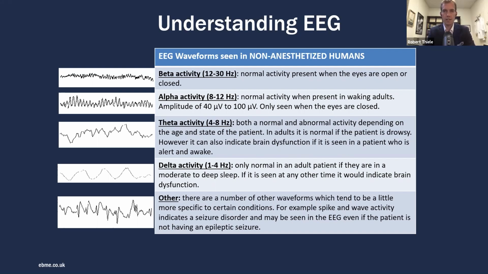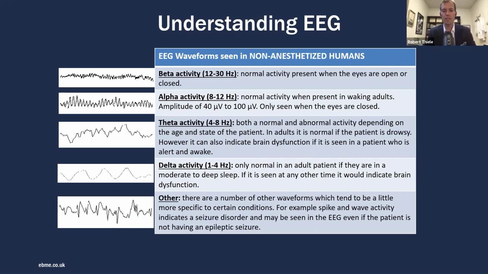These are non-anesthetized people. And so the point of this is that we're not really interested in EEG in people that aren't under anesthesia. That's not the purpose of this talk, but there's decades of literature showing that you can classify the brain state of a non-anesthetized person, whether they're wide awake or sleeping, by particular patterns produced by the EEG.